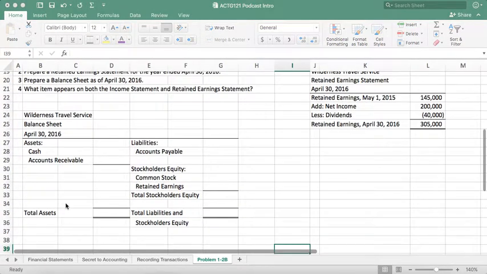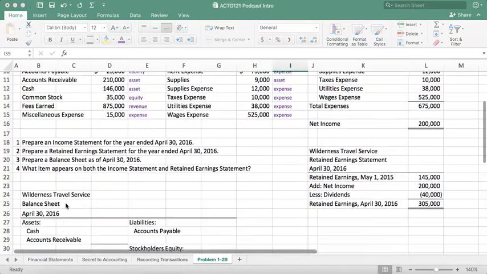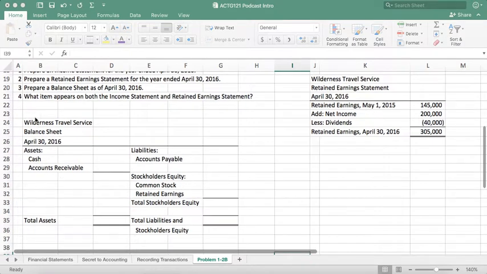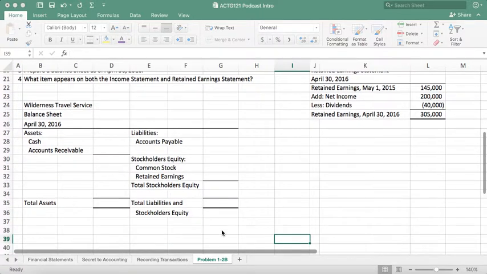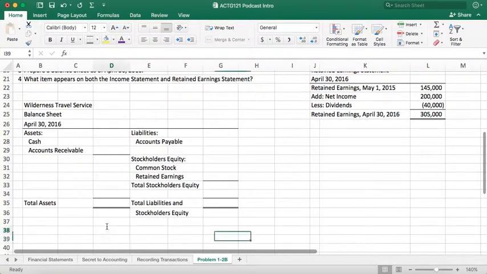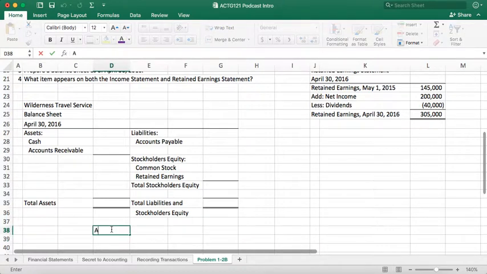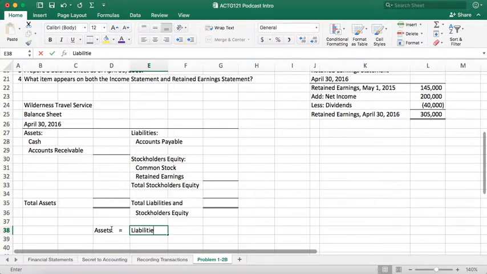Okay, I'm back. And I've added something new to our problem. As you can see, here's the balance sheet. I've set it up so that all our assets are on one side and our liabilities and stockholders' equity are on the other side. The reason for this is it needs to look like our accounting equation. So assets equal liabilities and stockholders' equity.